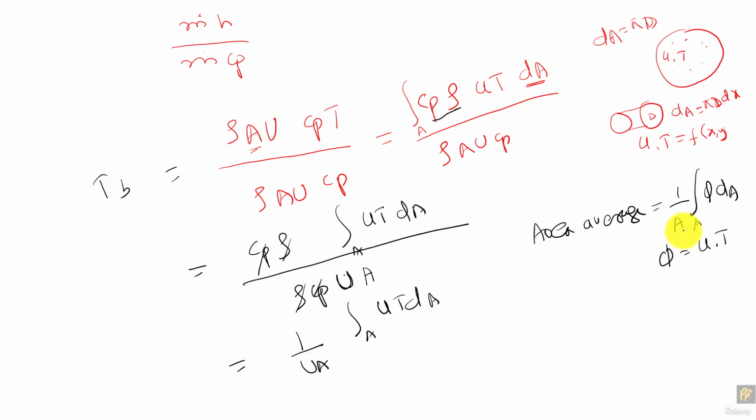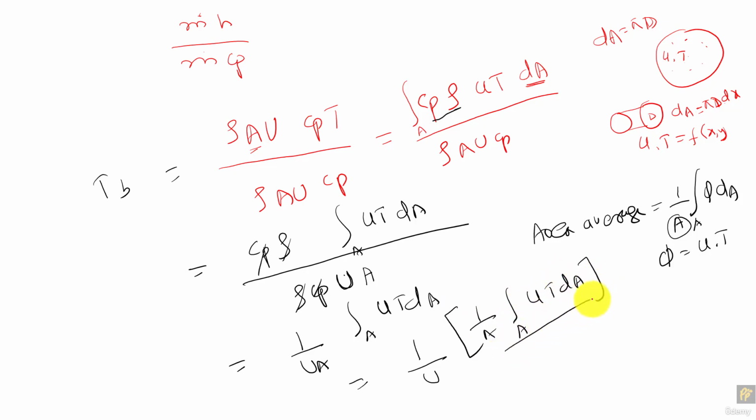It means that in the bulk temperature, when we find it, we have to divide by the velocity by area. But this integration in Fluent already divides your value by the area. So what you have to do is find the average velocity, and this integration, that is the 1 upon A area integral of uT dA.